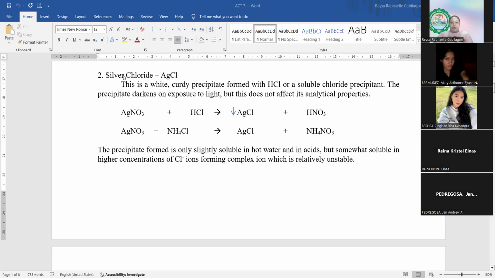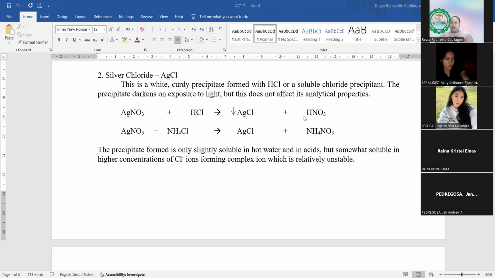Now, the second one is silver chloride. Silver chloride itself is a white curdy precipitate. It is formed when silver is reacted with hydrochloric acid, like in our experiment. This is the equation: silver nitrate plus hydrochloric acid yields silver chloride, with the arrow down showing it is the precipitate, and its color is white.